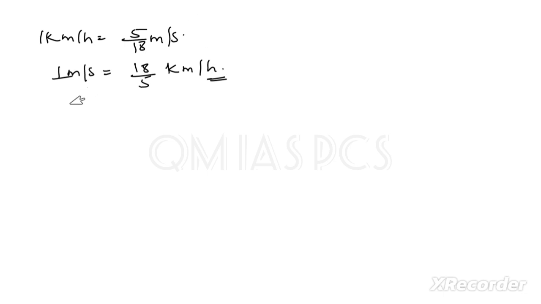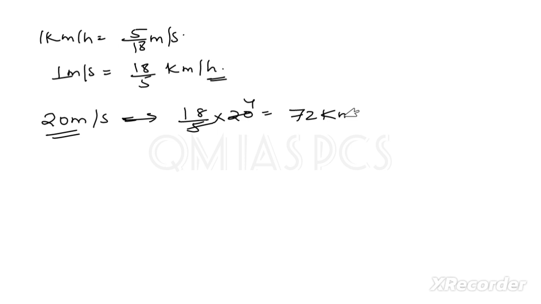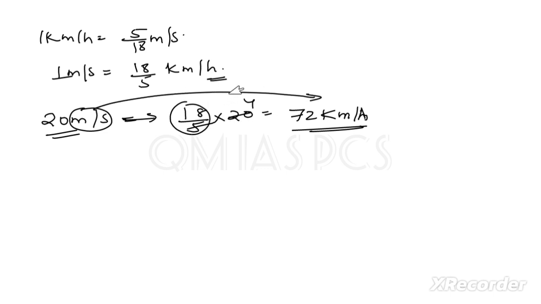So whenever a unit is given like 20 meter per second, you can write 18 by 5 multiplied by this value. It will be 4 times 18, so 72 kilometer per hour. Like this you can convert directly from meter per second to kilometer per hour, just by multiplying by this value.